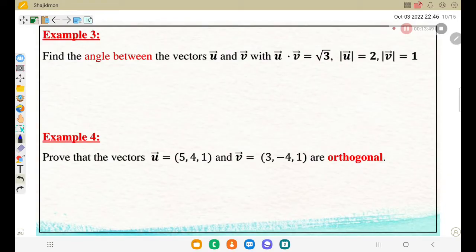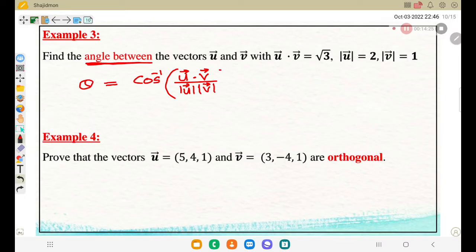Now example 3. Find the angle between the vectors u and v with u dot v equal to root 3. What is the question? We need to find the angle between two vectors. What is the rule for the angle between two vectors? Theta equals cosine inverse of u dot v divided by absolute u multiply absolute v.